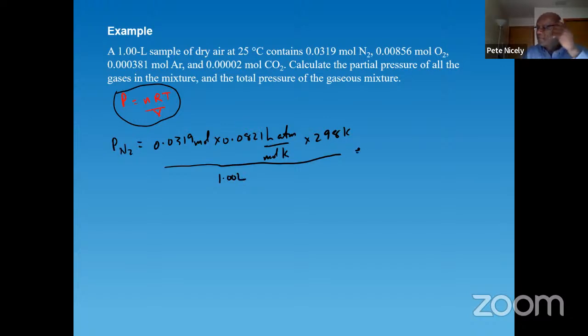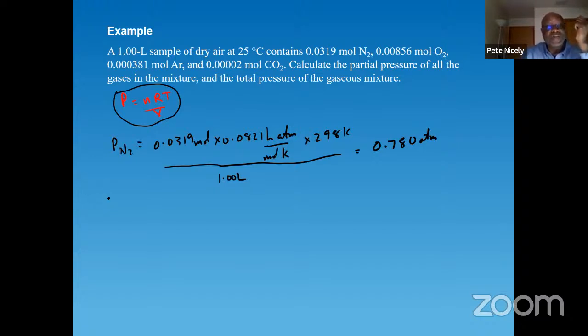So when I work that out, I'm going to end up with 0.0319 times 0.0821 times 298 divided by 1. So the answer I got here is 0.780 atmospheres.